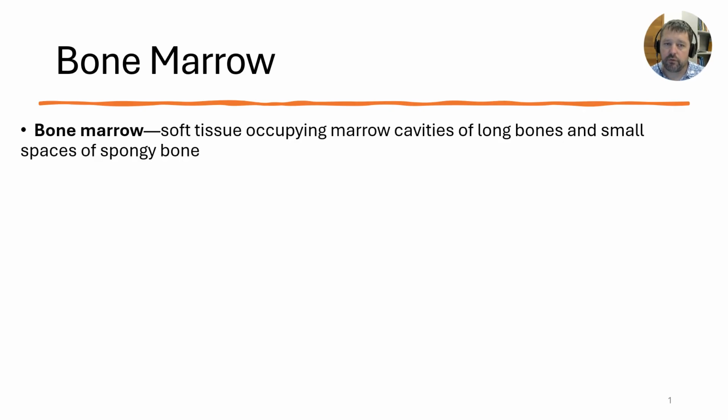All right, so I mentioned this a little bit before, but bone marrow is the soft tissue that occupies the cavities of both long bones and flat bones. It's normally occupying the spongy bone region.